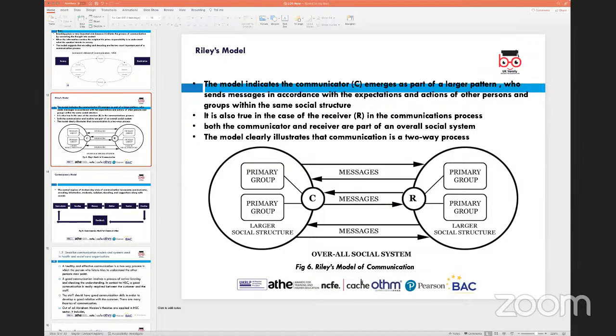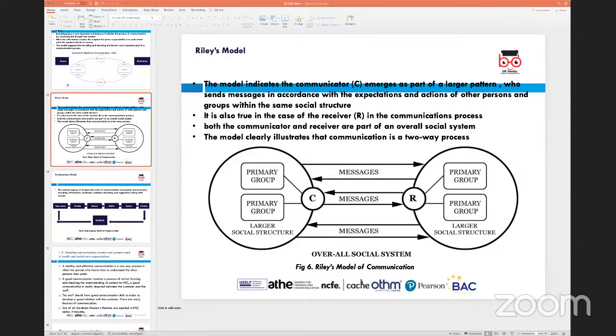some typical components. These typical components tend to be sender, receiver, channel, and message, which are the same as before. But what he did was group them together into what are called primary groups and secondary groups. So when messages are exchanged between different groups or entities, these tend to have multiple exchanges or multiple interactions.